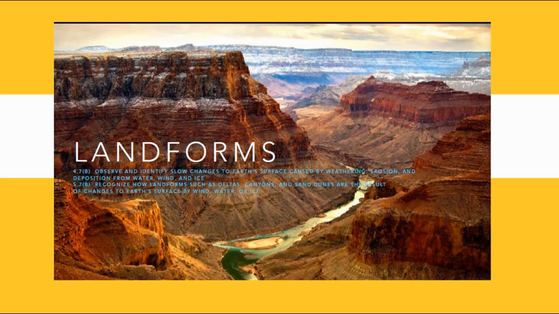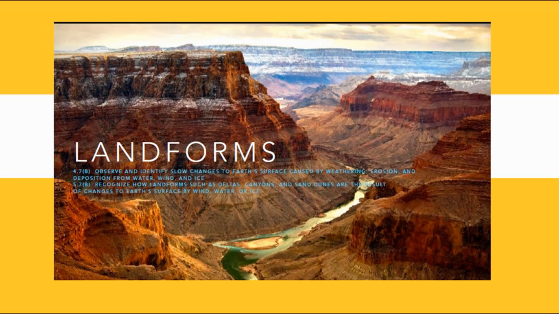Hopefully you remember weathering, erosion, and deposition. Those are some of our vocabulary words that we've already gone over this week. Remember, weathering breaks it, erosion takes it, and deposition drops it. And then the three forms that are utilized by weathering, erosion, and deposition are water, wind, and ice. So hopefully all of that is kind of a review for you.